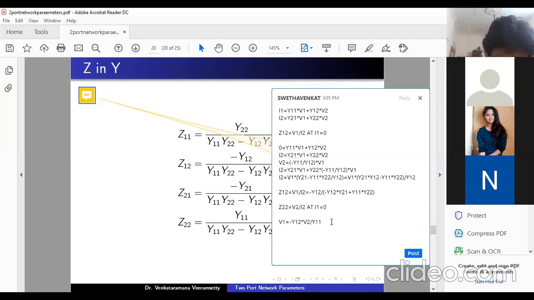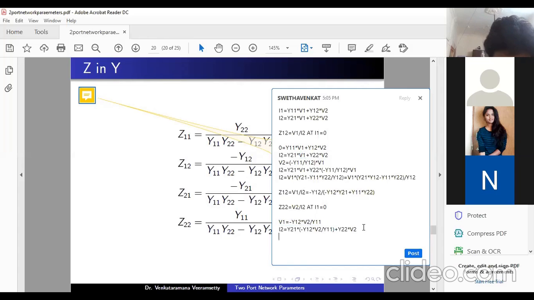Now we have I2 equal to y21 multiplied with V1, that is minus y12 by y11 into V2, plus this one, which you can copy directly. So in this equation I am replacing the V1 value from here.